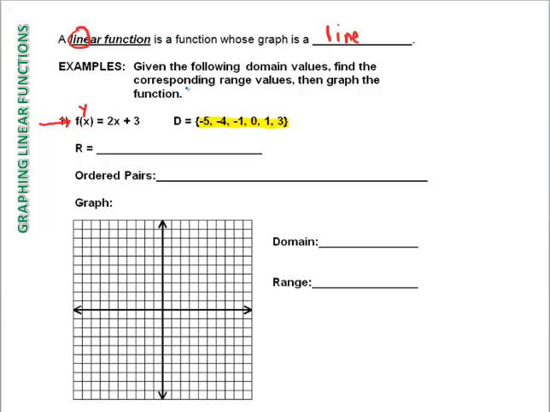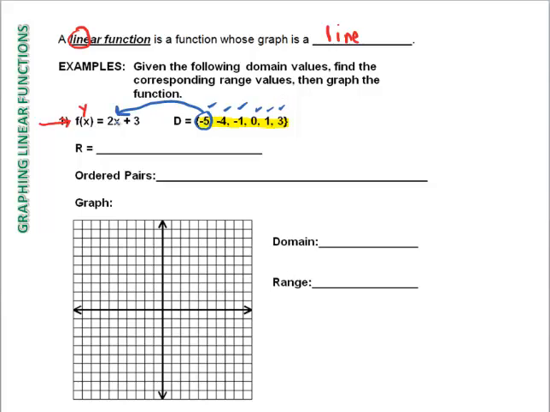The way we find these range values is if I take that x value, the domain value, and put it in place of x. I'm going to do that for each of these domain values, and there are 6 of them.